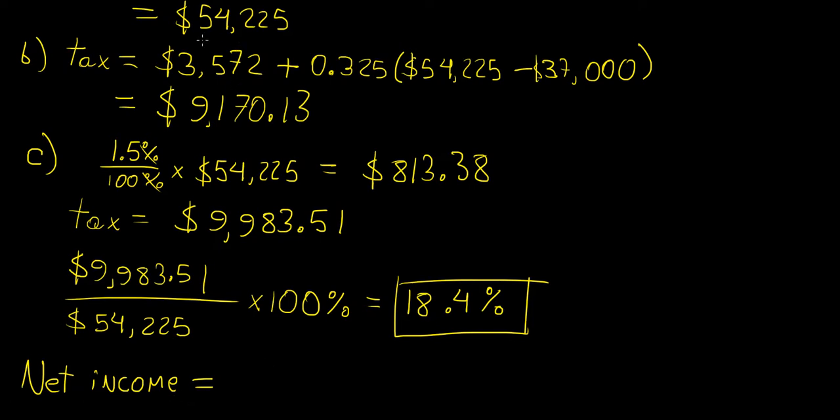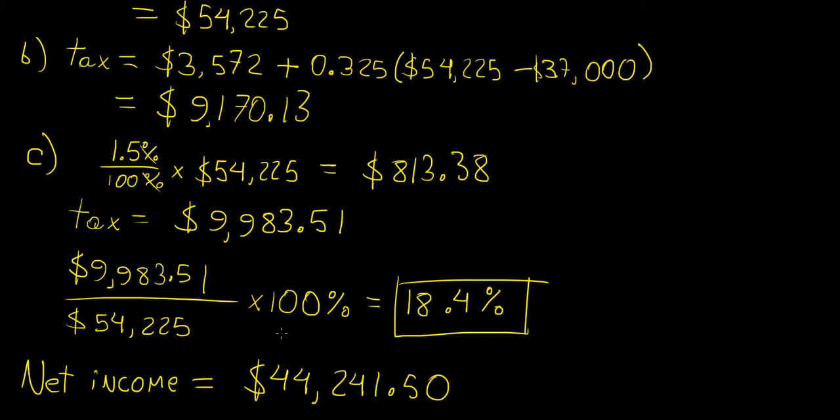So in this case, we're just going to have this minus the total amount: 54,225 minus 9,983.51. So he's going to have about $44,241.50 left, which should be enough to cover accommodation and any other expenses he may have throughout the year, and still save some money for leisure or traveling or whatever.